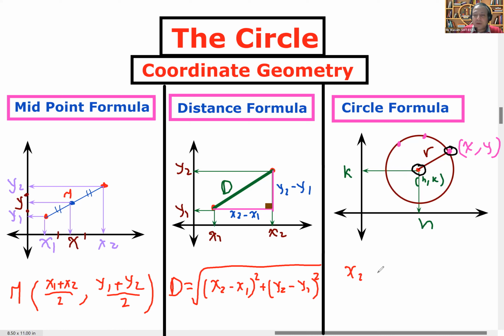x2 minus x1, sorry, it's x and h: x minus h square plus y minus k square equal r square. That's called the circle formula.